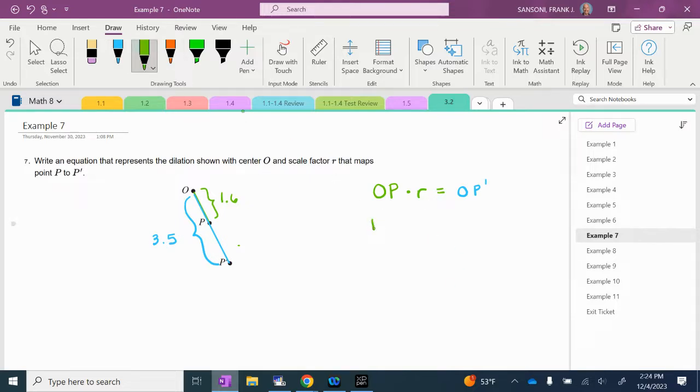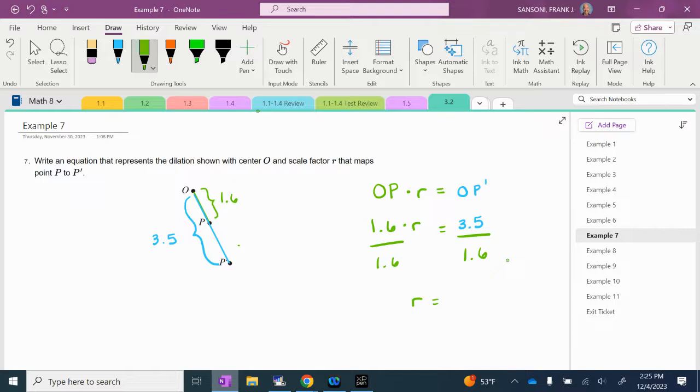We got 1.6 times R equals 3.5. So it's like a one-step equation. To get R by itself, to figure out the scale factor, we're just going to divide by 1.6. But when you do that, does 1.6 go into 3.5 evenly? No, it's not even close.